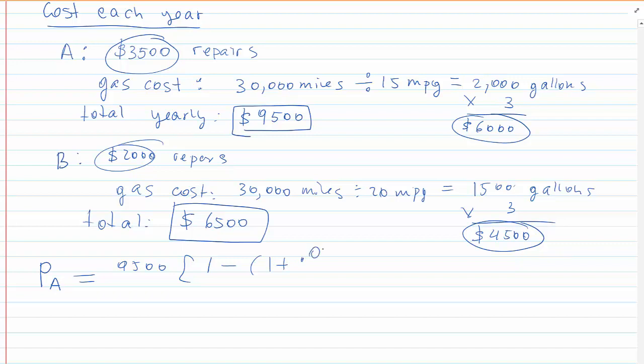There's only one rate given here, 0.045, and it's yearly. Then the exponent is negative how long these trucks are going to be used, which is 15 years. So it's 1 minus 1 plus 0.045 to the power of negative 15, over 0.045.